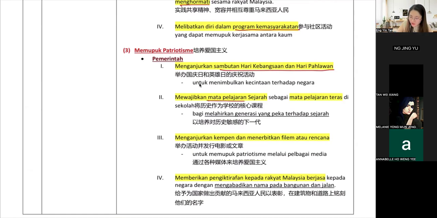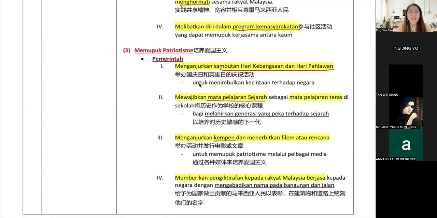Okay? Learn sejarah. Yes, learn my subject. Subject, sejarah, core subject, mata pelajaran teras. Okay, and make sure the young generation is alert with sejarah, very peka, sensitive with sejarah facts. Next one, organize campaign, your standard answer. You guys like to write campaign.